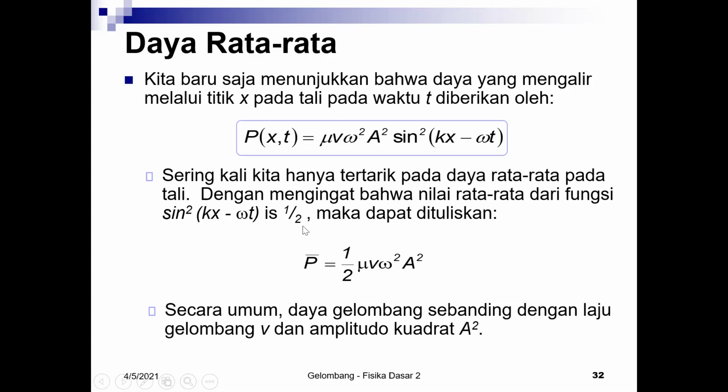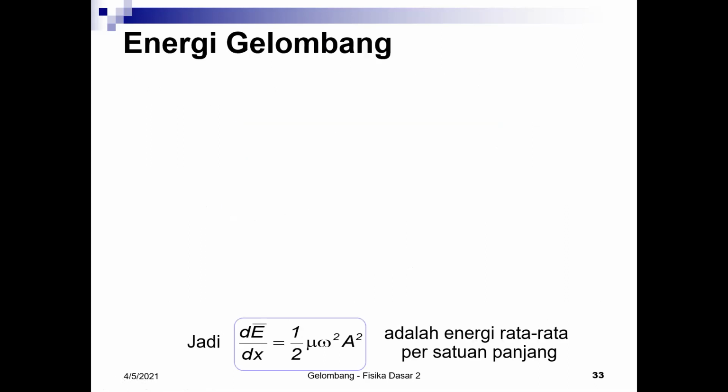So the average power of the waves is half mu v omega squared ym squared. It means the energy of the waves depends on the mass density of the medium, the speed of propagation, the angular frequency squared and the amplitude squared. So this is power in classical waves.